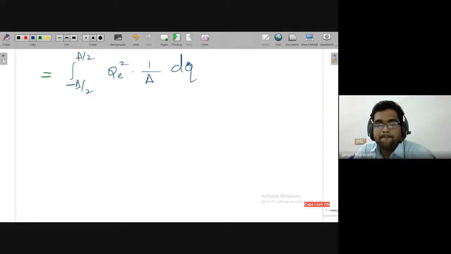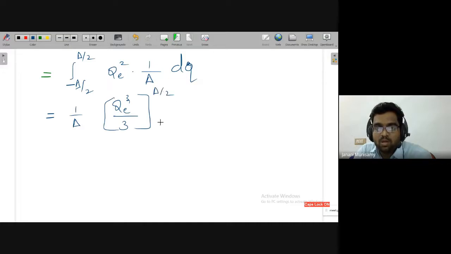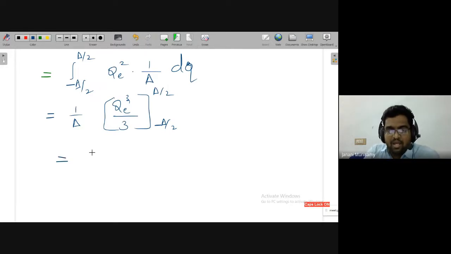So now, q square, 1 by del you can take out, because this integration is with respect to q. Then if you do the integration, q cube divided by 3, then apply the limits del by 2 and minus del by 2. Once you solve this, instead of q you apply del by 2. That's it. Finally you will get del square by 12.